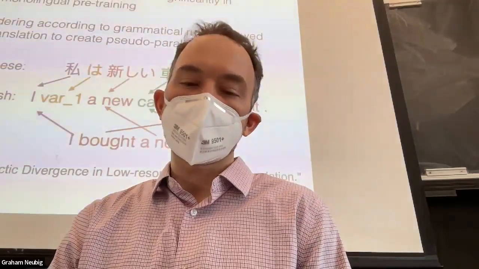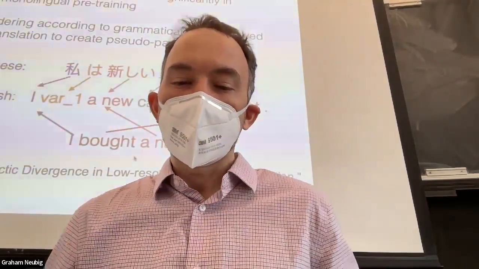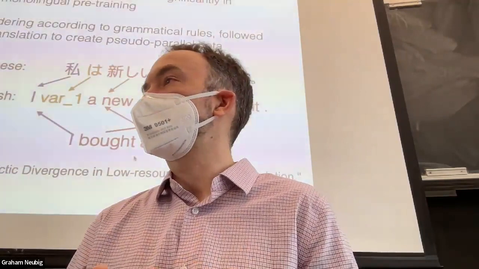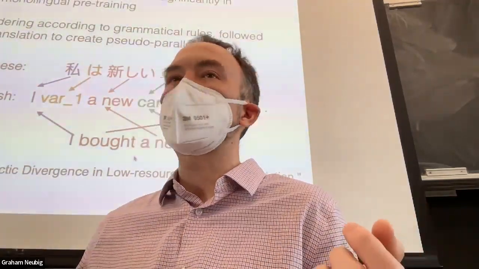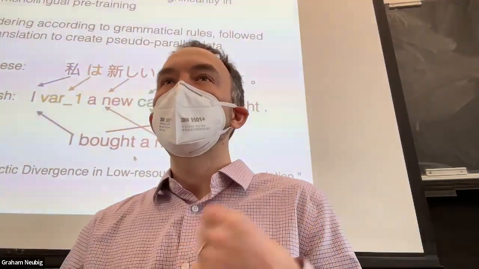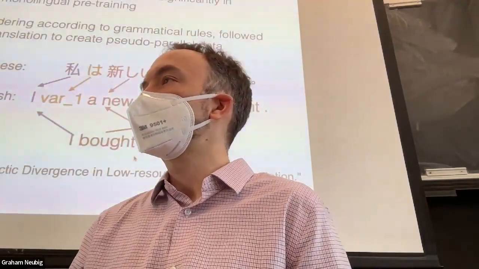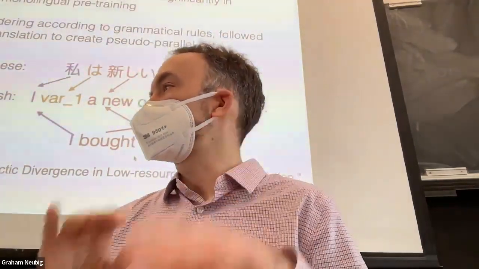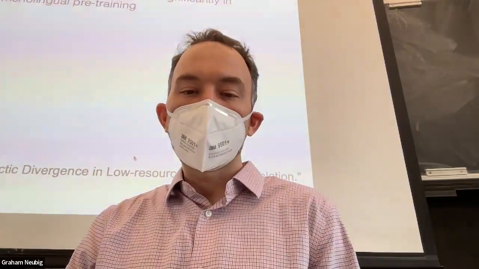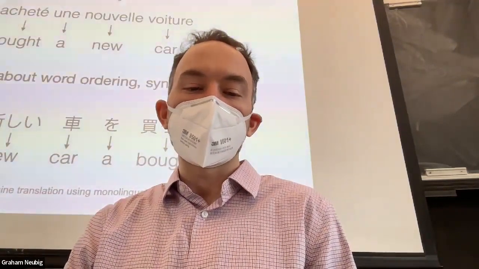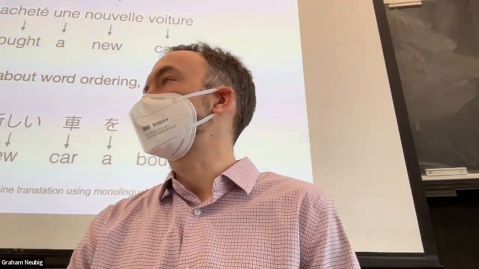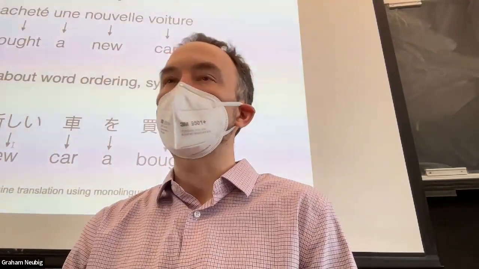And the good thing about this is English has a lot of analysis tools. You could do syntactic parsing of English, get the syntactic structure, build reordering rules on top of that, and then just apply dictionary-based translation. And then the hope would be that you would get something that looks a lot more like Japanese than if you just translated English word by word.